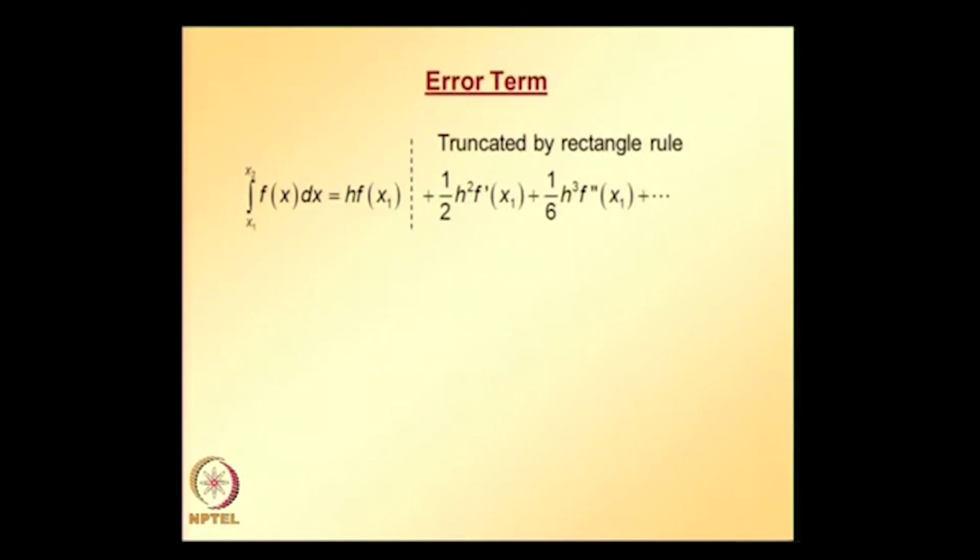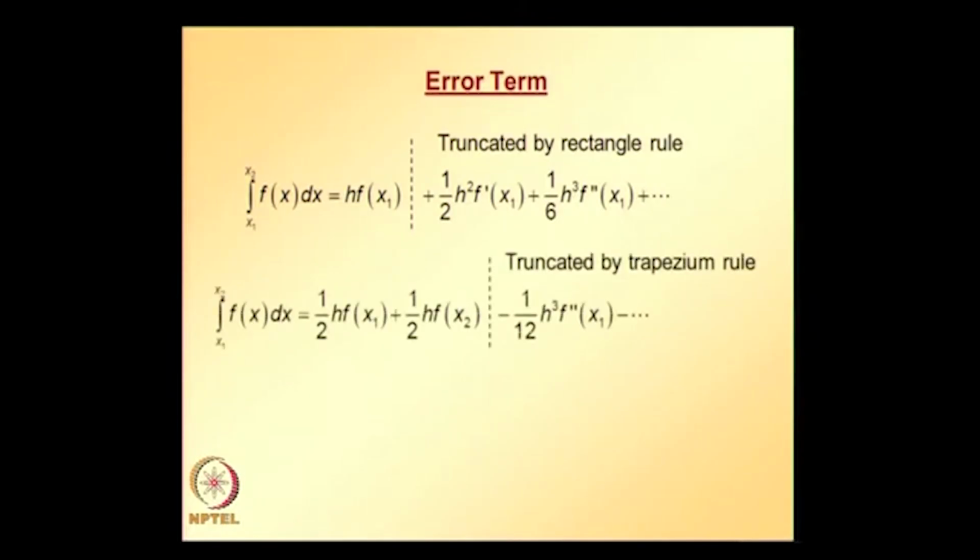So we substitute the previous equation into this equation, and that results in this equation. And if you see the second equation, basically it is the same as the formula that we looked at for trapezium rule, except we have some higher order terms which are truncated by trapezium rule.